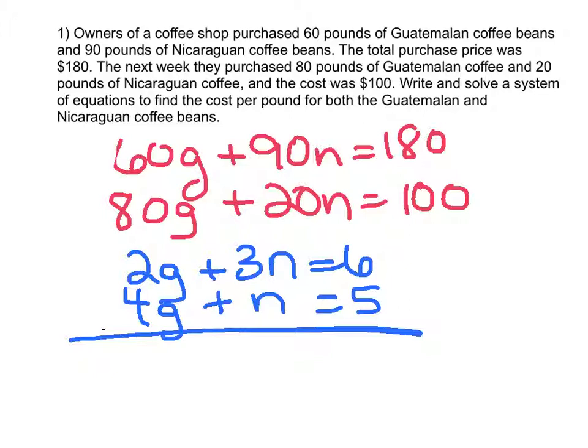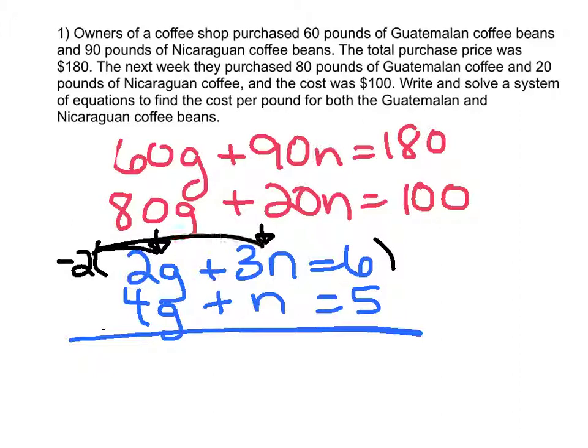Alright, what we need to do first is make it so that something eliminates. Either our g's end up eliminating or our n's end up eliminating. I think your easiest thing to do here is to go ahead and multiply your whole top row by -2. That way you end up with a -4g and a 4g that's going to cancel out.